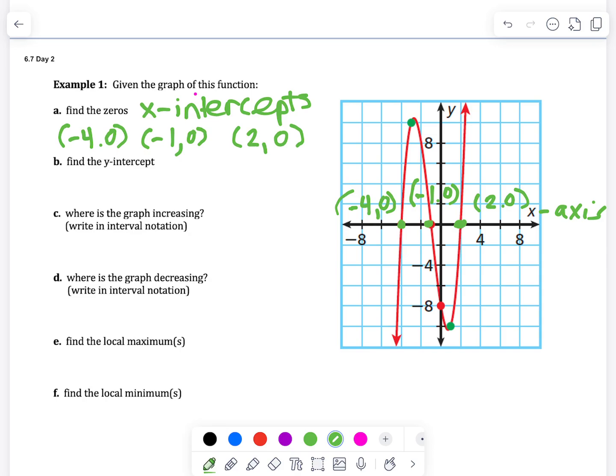So those are the x-intercepts. The zeros are x equals -4, -1, and +2.